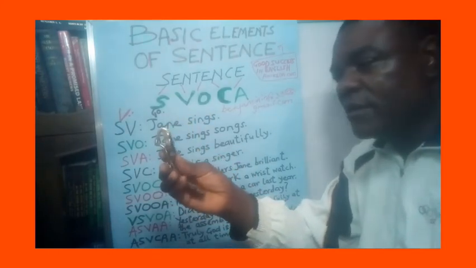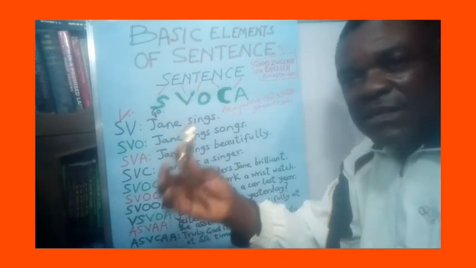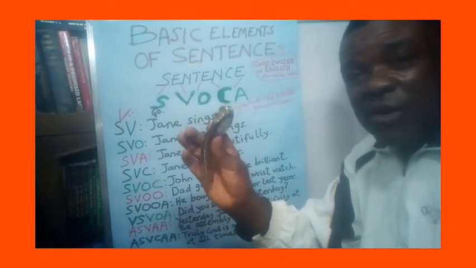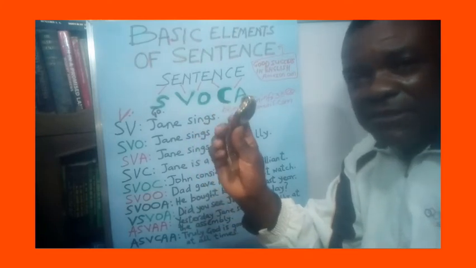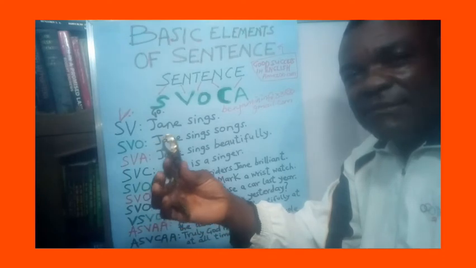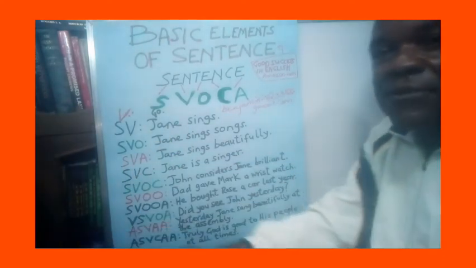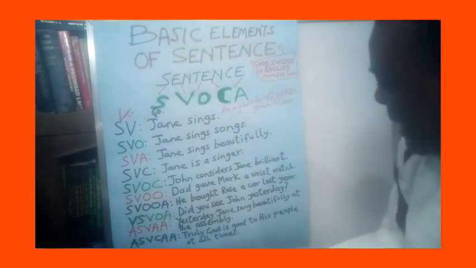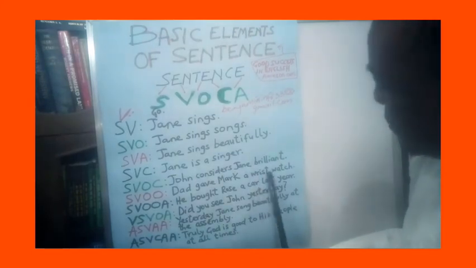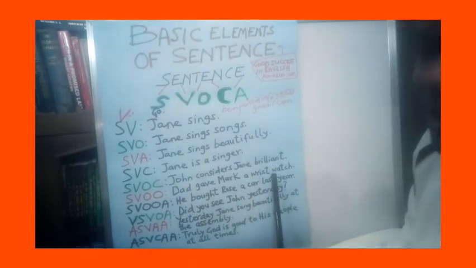So the wristwatch receives the direct action from the giver, and that is why the wristwatch is the direct object. It is after the wristwatch has been acted upon that the action is extended to Mark. So in this case, a wristwatch is the direct object while Mark is the indirect object.